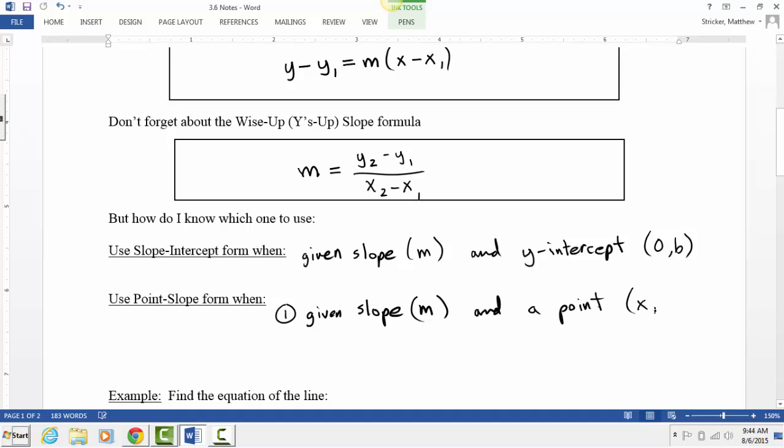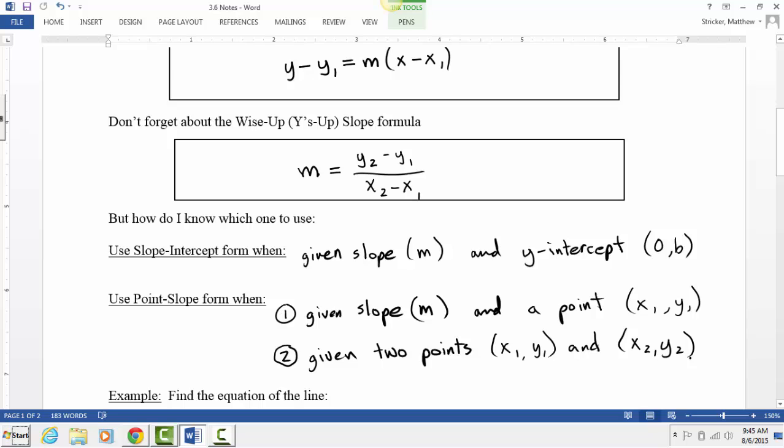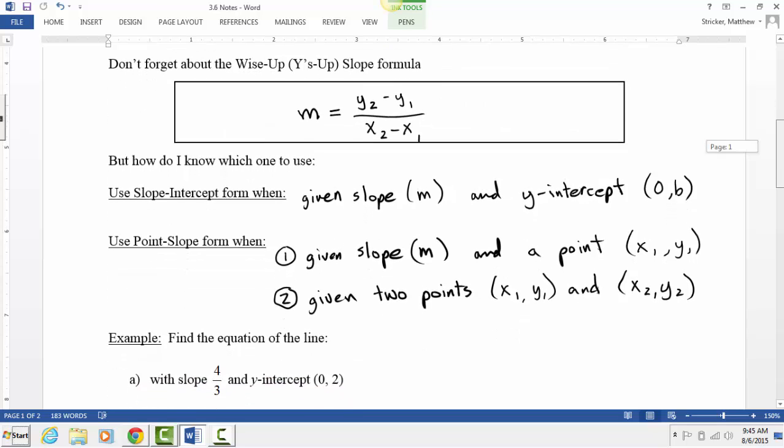We'll call it x1 comma y1. But the second scenario where you might want to use this form is if you're given 2 points. Call the first point or ordered pair x1, y1, and a second point x2, y2.